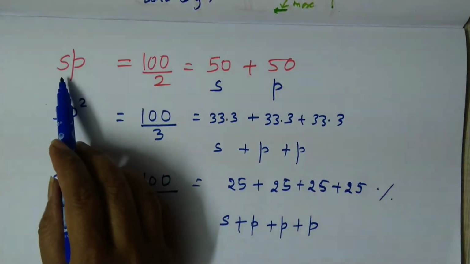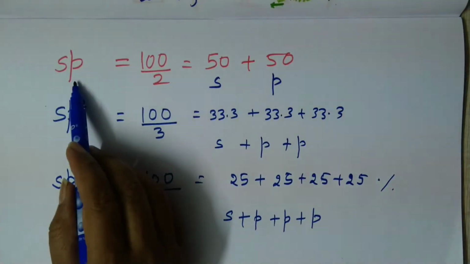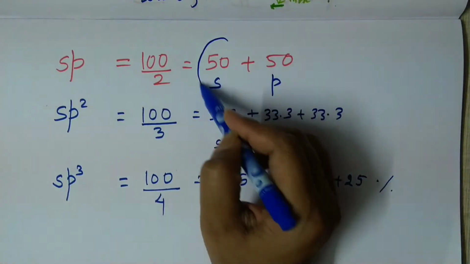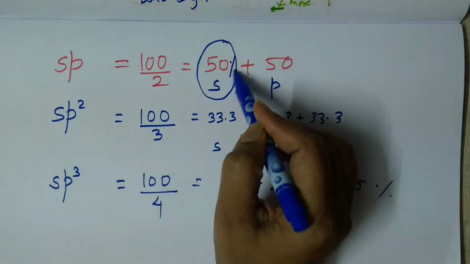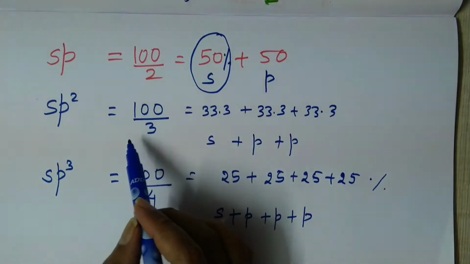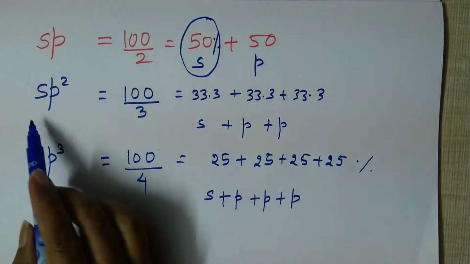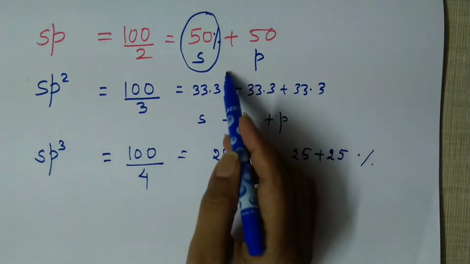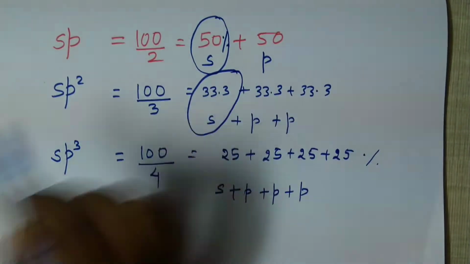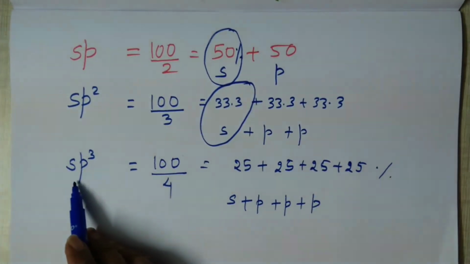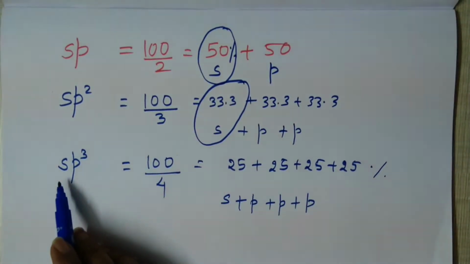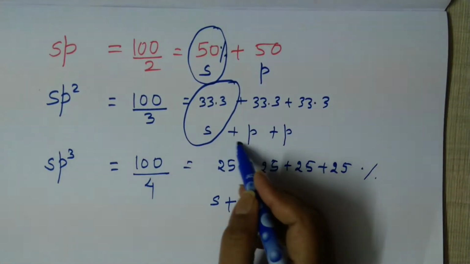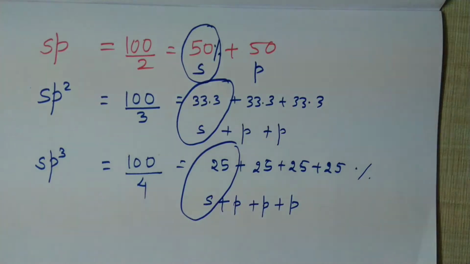So what is the S character? What is the percentage of S character in sp hybridized orbital? It is 50%. What is the percentage of S character in sp2 hybridized orbital? It is 33.3%. And what is the percentage of S character in sp3 hybrid orbital? It is 25%.